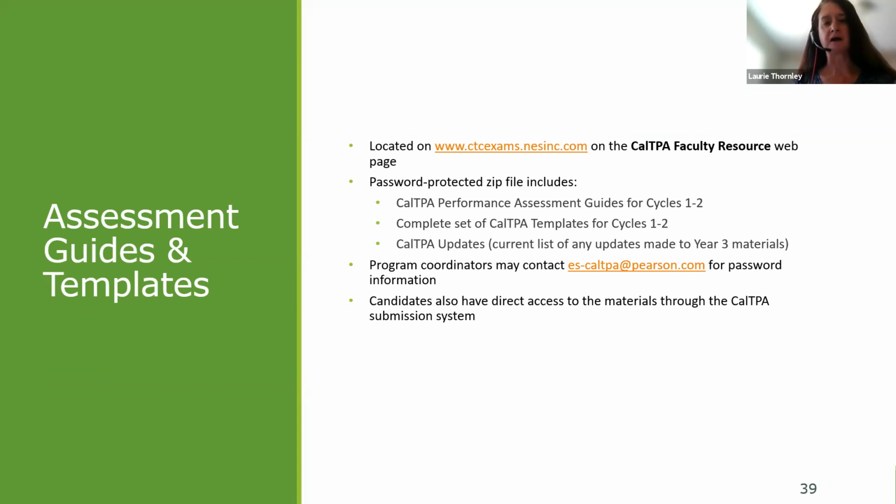The program guide that Zoltan was talking about earlier is a companion piece. It's a companion guide intended to assist faculty, to be used side by side with the assessment guides, and it provides further information about the assessments and tips for working with your candidates through the cycles.